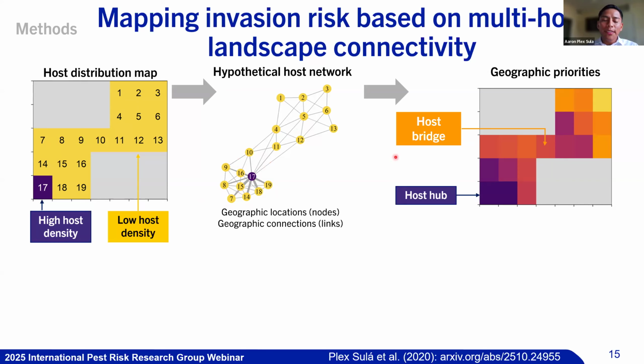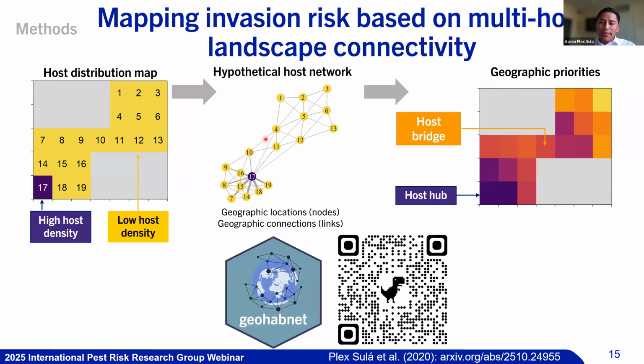And host bridges, which are those locations that are connecting different regions of the network or the landscape, which can be useful for prioritizing the proactive surveillance at the landscape level. And if you are wondering that this type of analysis is complicated, no worries. We have prepared an R package for you, so that it is relatively easy to use.